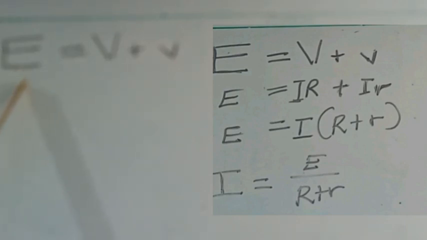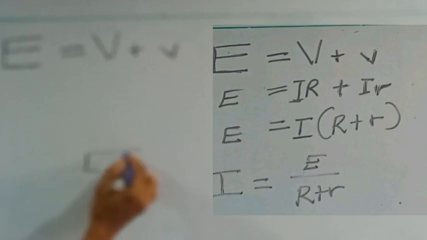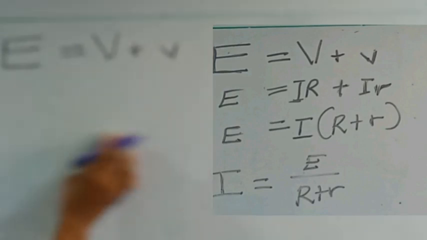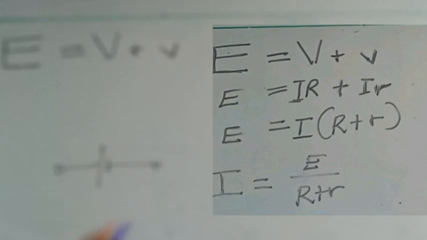EMF of a cell is the potential difference across the terminals of a cell when it is in an open circuit. Let's take this for instance to be the symbol for a cell. Remember, it has terminals.